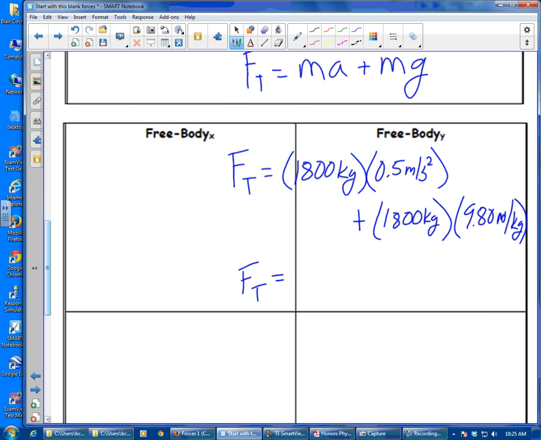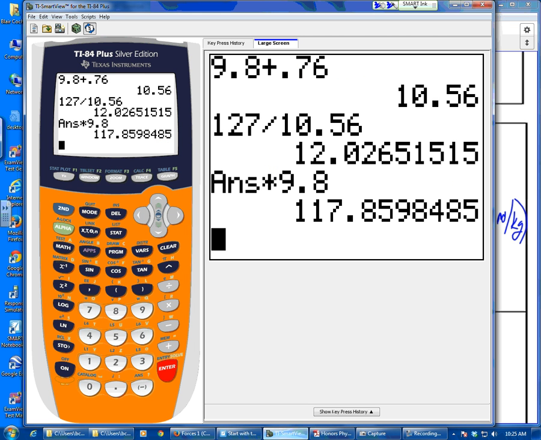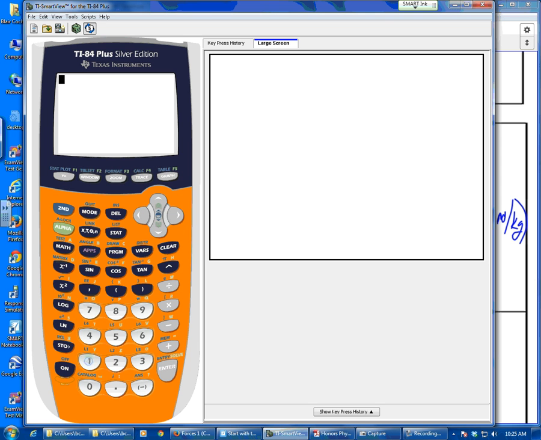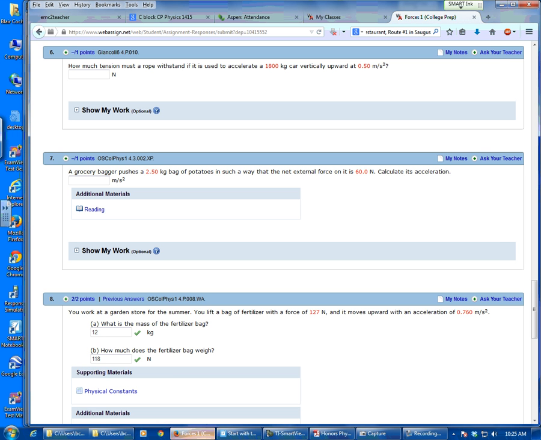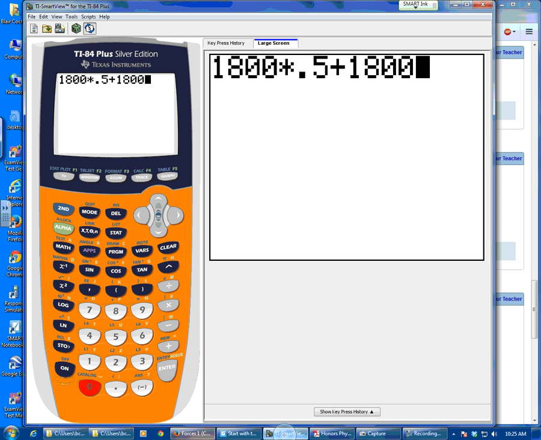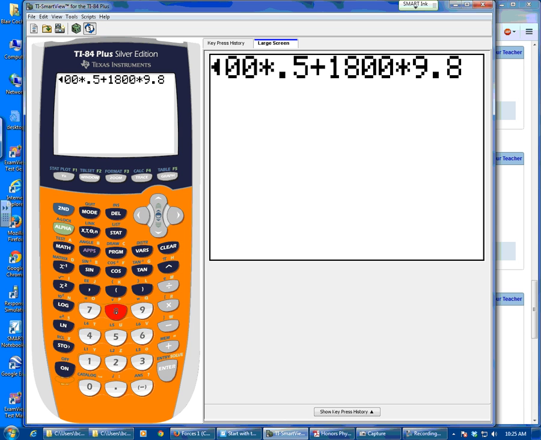Do a little calculator magic. Clear that. 1,800 times 0.5 plus 1,800. Is it 1,800 or 18,000? 1,800. Okay. 1,800 times 9.8.